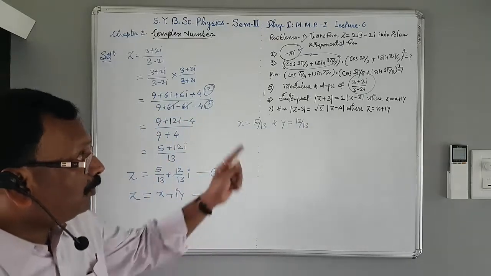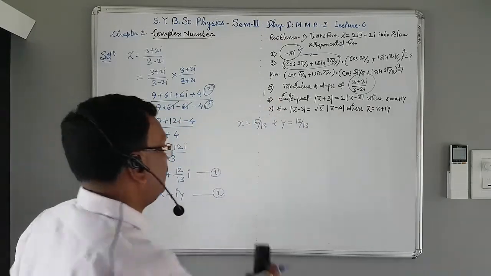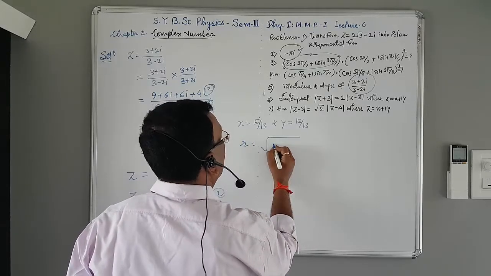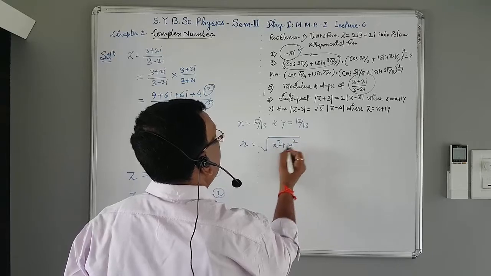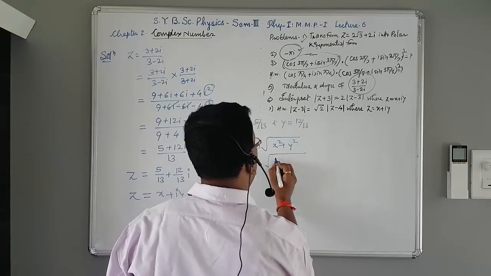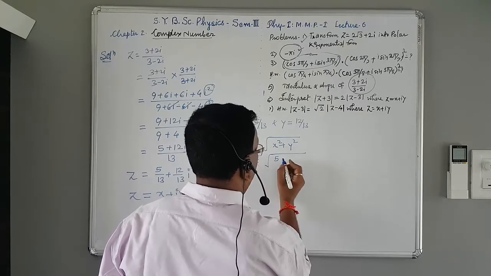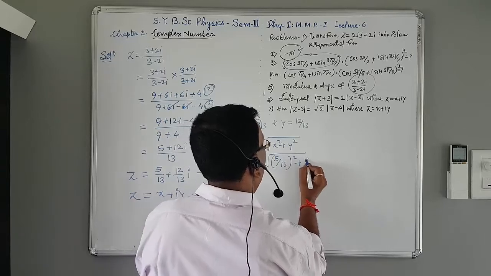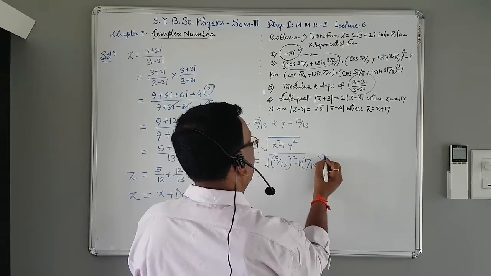Okay, now in order to determine the modulus and argument, first the modulus: we have r is equal to square root of x square plus y square. Substitute the value of x and y: square root of (5 by 13) square plus (12 by 13) square.